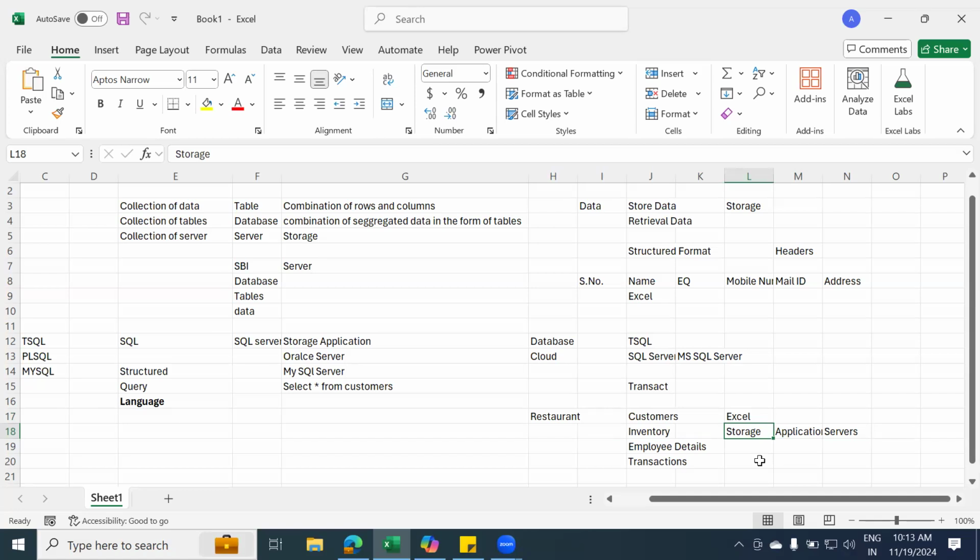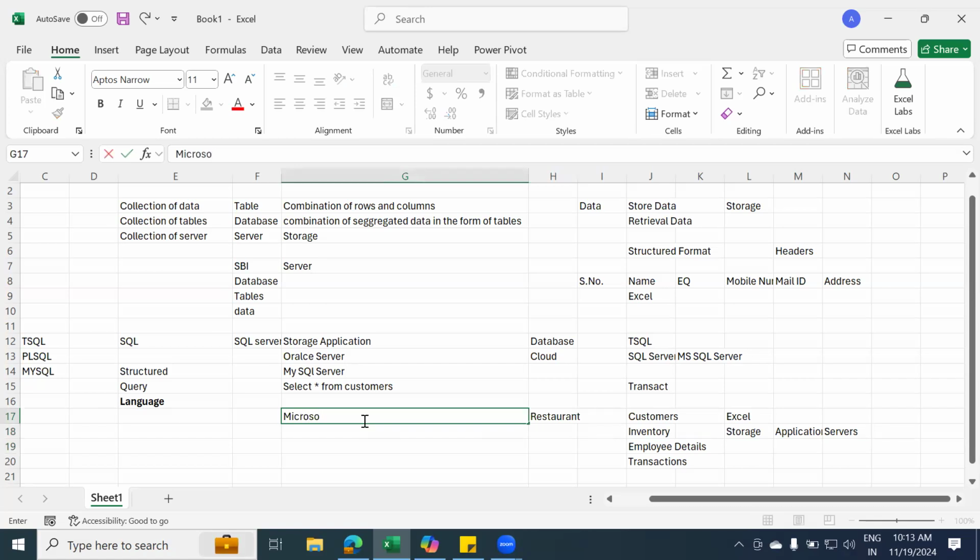Now what I'm doing, I'm taking this storage space for rent from someone. That someone is nothing but Microsoft providing this service, Amazon providing this service, and Google providing this service. So if it is provided by Microsoft, we call this Azure.